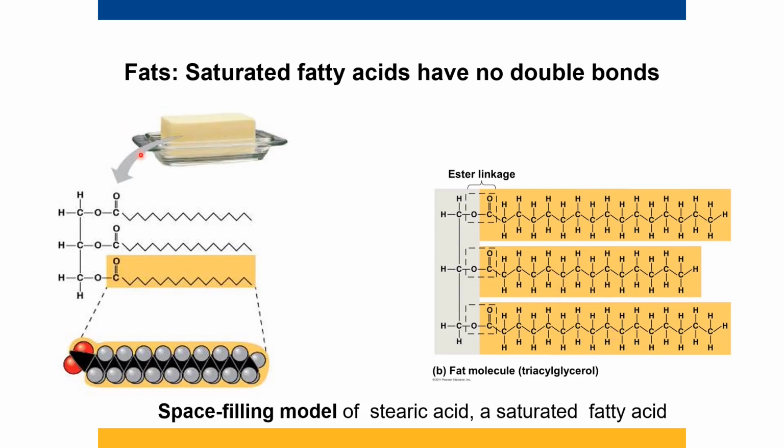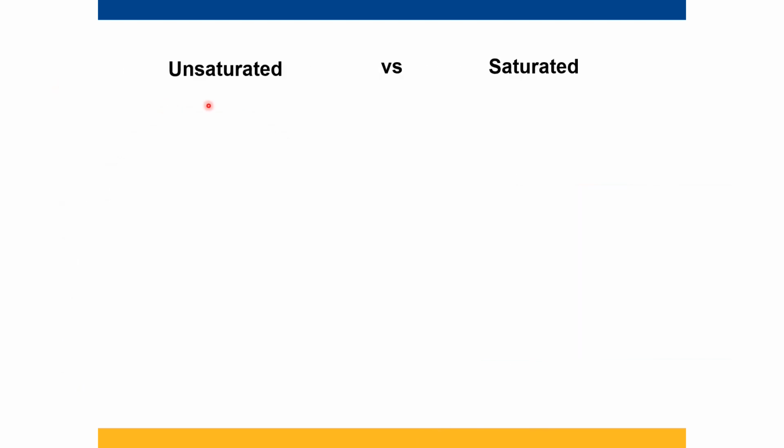Butter is an example of a saturated fat because you don't see any double bond. And here you have the space filling model of stearic acid, a fatty acid that has no double bonds.